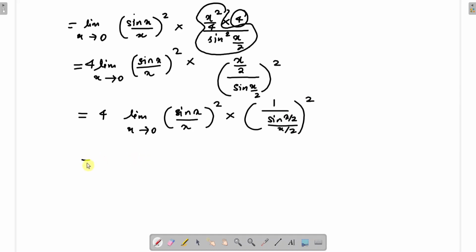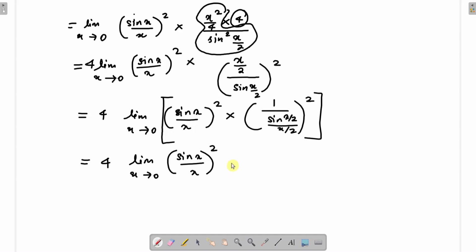Now this limit which is there was for both the functions, right? Now we will split the limit in this step. So first I have written this limit, then limit x tends to 0 of 1 divided by (sine x by 2 divided by x by 2) the whole square.